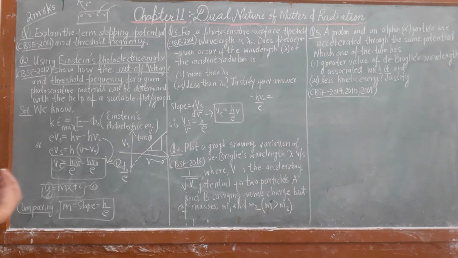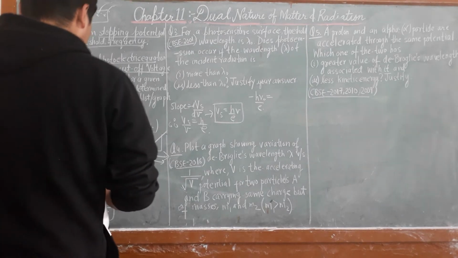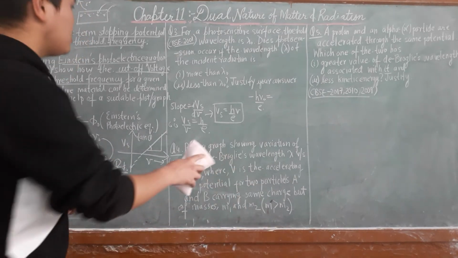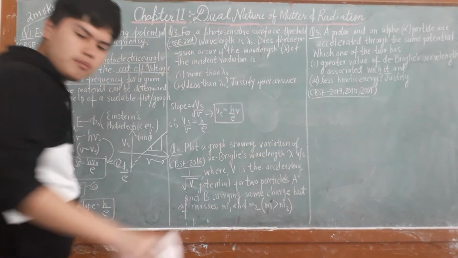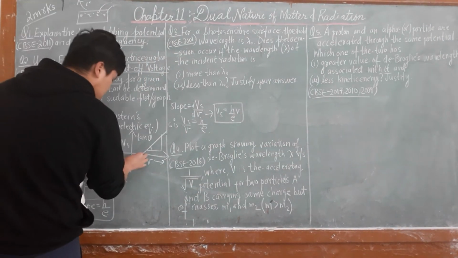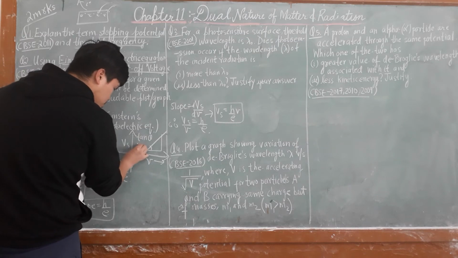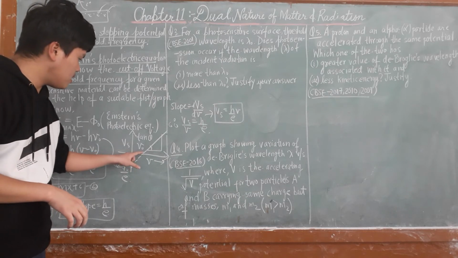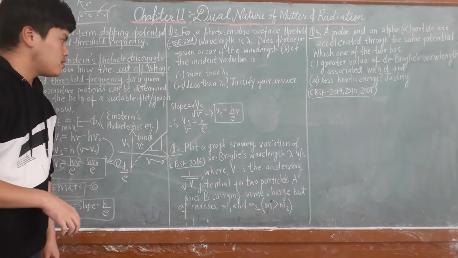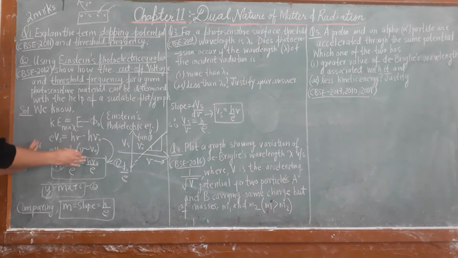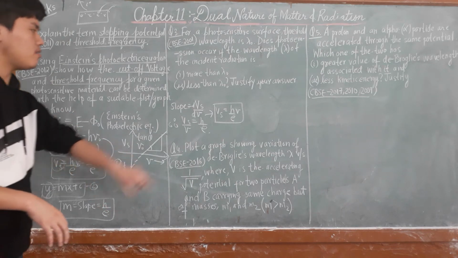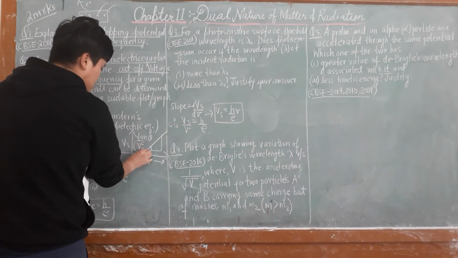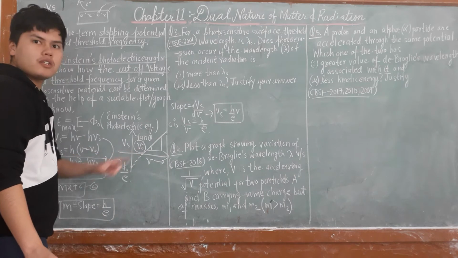So dVs upon d nu. For the question on determining the threshold frequency, you have to write the equation, plot the graph, and show nu naught as the point on the graph.